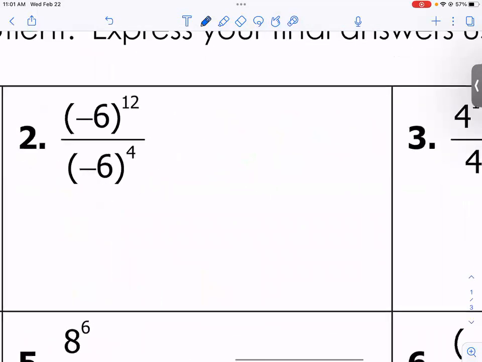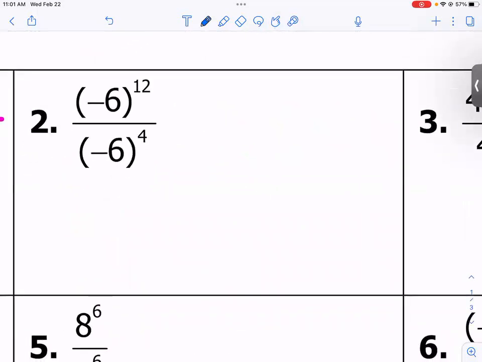All right. So, you know what? Just write down what you think the answer to number 2 should be. We need parentheses. Okay, check in with your neighbor.